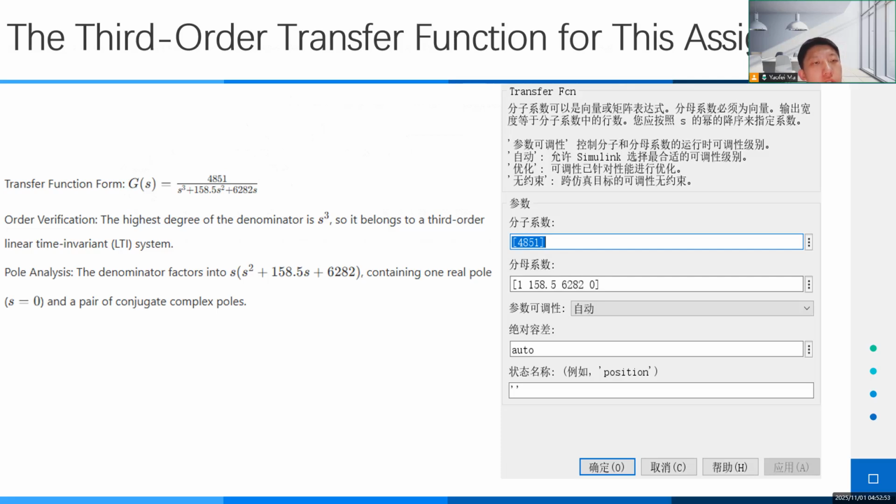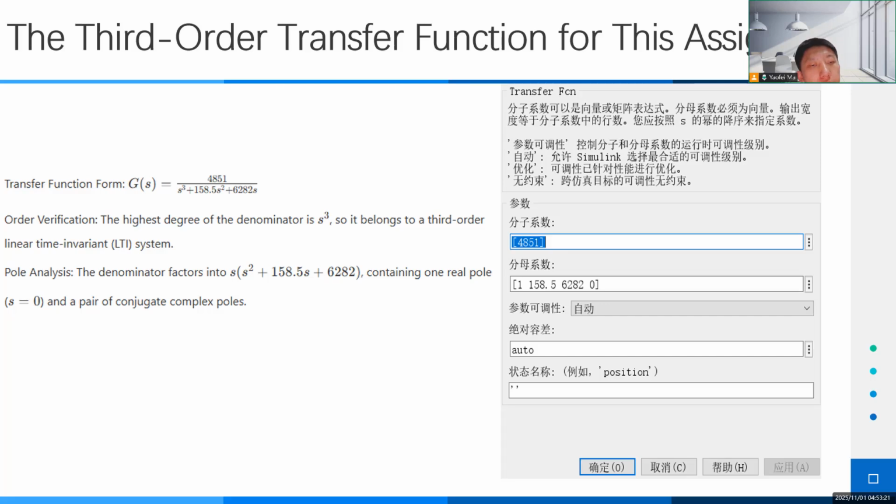The highest power of S in the denominator is 3, so this is effectively a third-order linear time invariant system, which meets the assessment requirement.